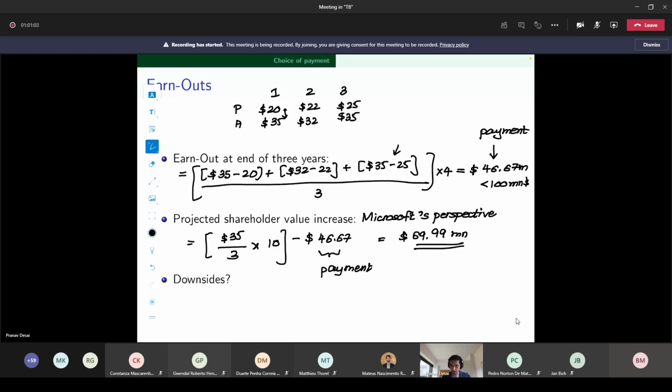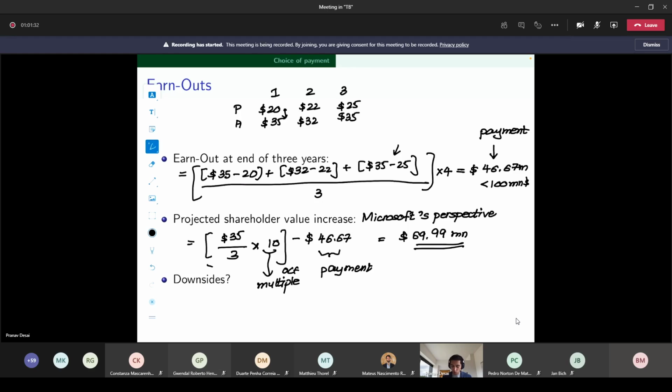Now, this 10 is a multiple. Basically what it says is that the comparable company's market value is 10 times the operating cash flows per year. So this is kind of like an operating cash flow multiple, a net operating cash flow multiple.